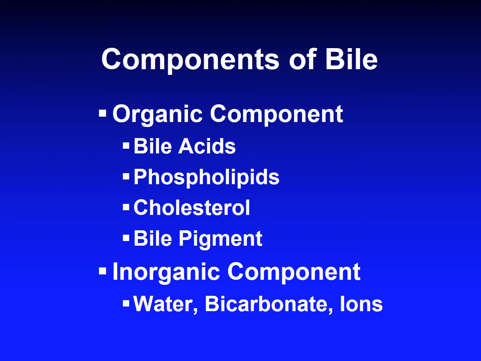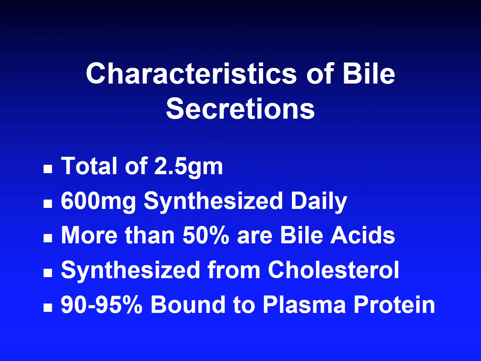So let's take the first component, the bile acids, and see what's in there. We have a total of about 2.5 grams of bile secretions, all organic and inorganic components.